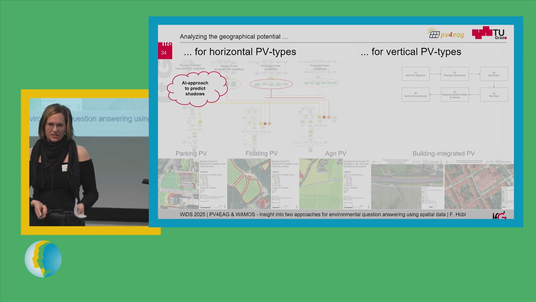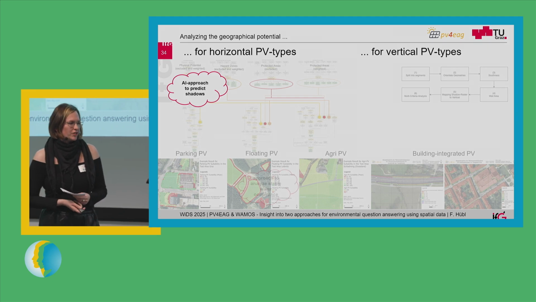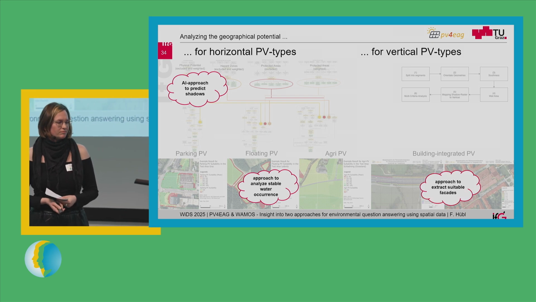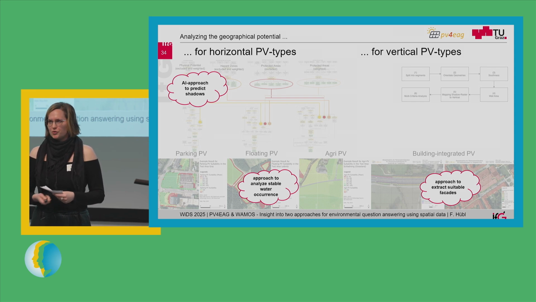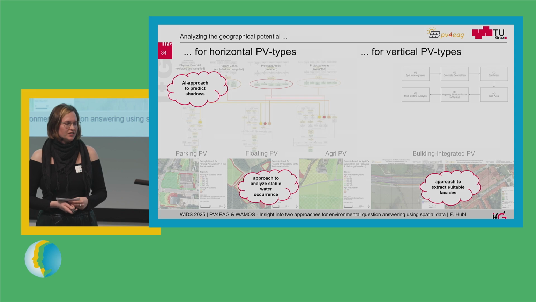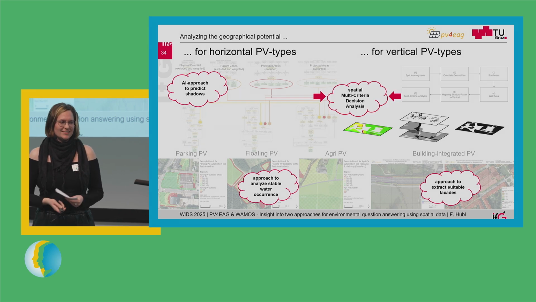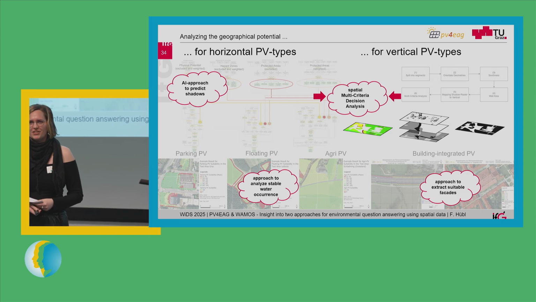It's about predicting shadows, so about physical potential, and the approach for floating PV to analyze stable water currents. Shortly about extracting suitable facades for building integrated PV, and all in common is the final multi-criteria decision analysis. In our case, it's a spatial one.